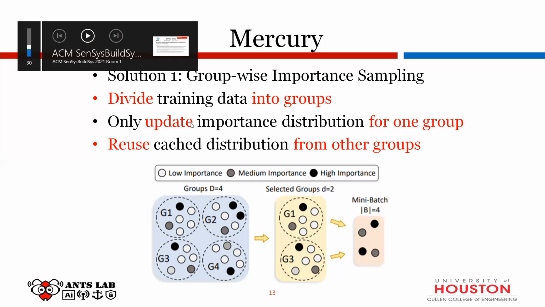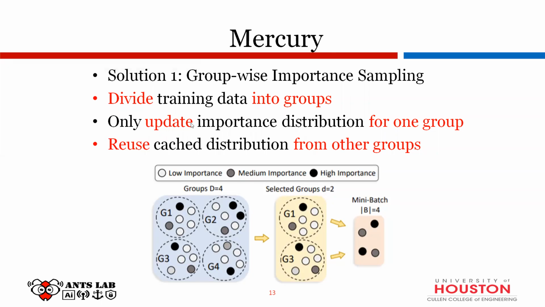I have 2 quick questions here. First of all, the grouping itself is going to take some cost, time, energy, whatever. Do they consider that? The cost of grouping. Did they consider that?